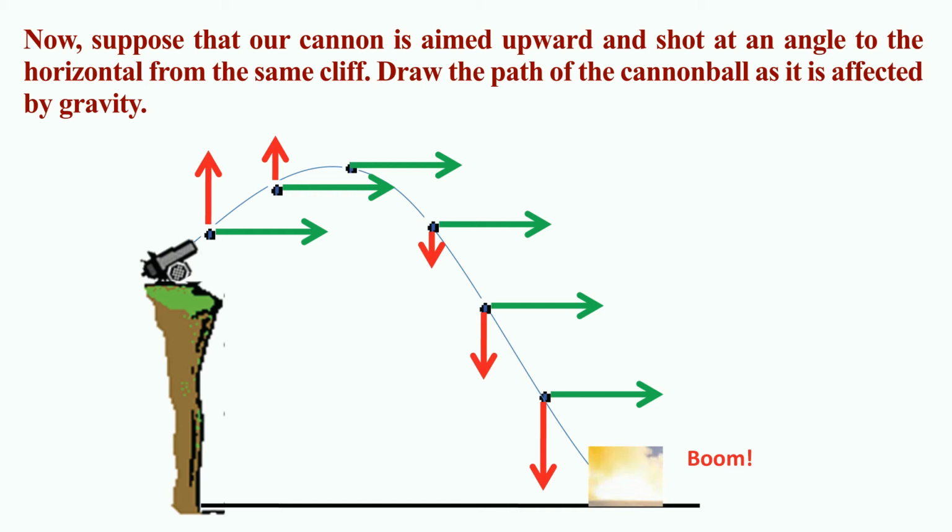Now it tries to descend, and as it is descending, you can see that the vertical component velocity is increasing. So this tells you that whenever you throw an object up, as the object is going up, its velocity on the vertical component decreases. And when it is descending, its velocity increases.